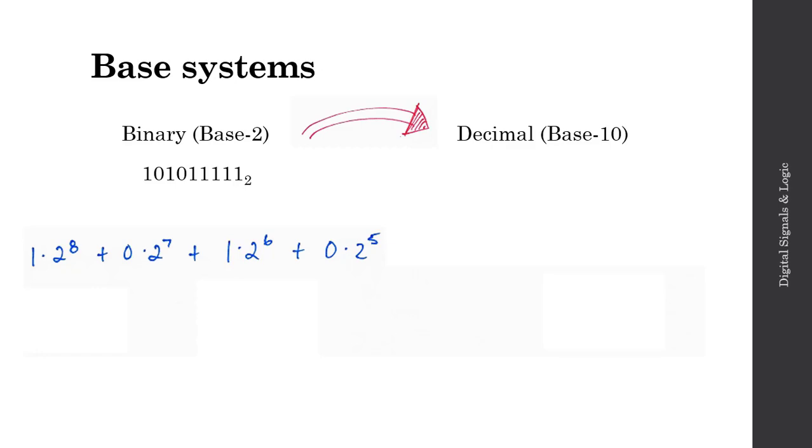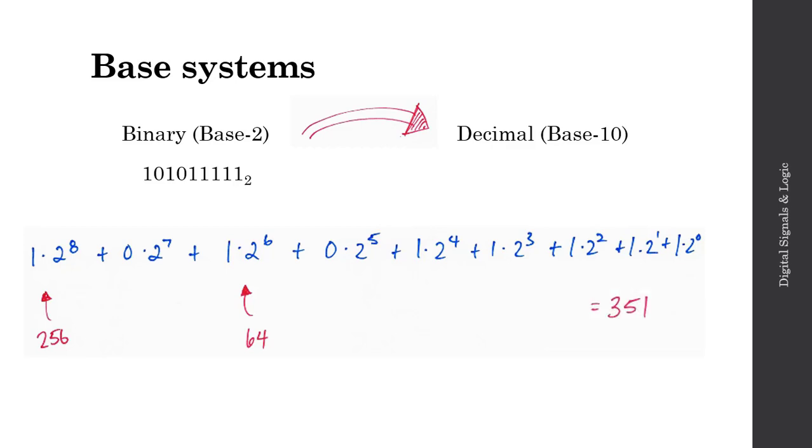If I start writing that out, I'll have 1 times 2 to the 8, plus 0 times 2 to the 7, plus 1 times 2 to the 6, and I'll continue all the way down until I end up with 1 times 2 to the 0. 1 times 2 to the 8 is 256, 2 to the 6 is 64, and if you add everything up, this will end up equaling 351 in the base 10 system.